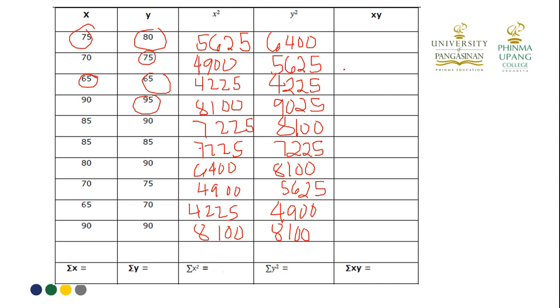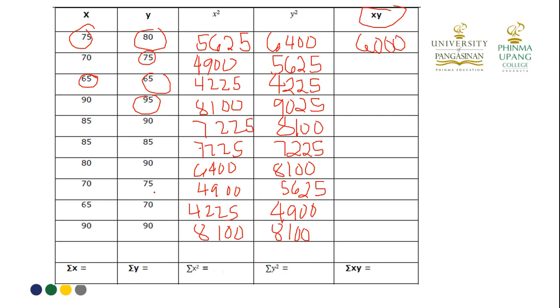Ngayon, get the summation. Ay, sa XY pala tayo. What is 75 times 80? 6,000 po. Okay, double check mo nga yung 75 squared.